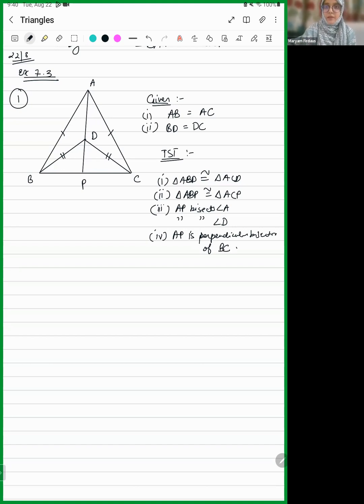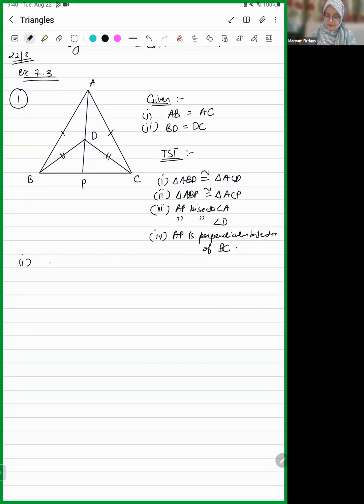So now what can we use to show the first one? We take SSS. All right. So we will write it like this. First part. So what is given?